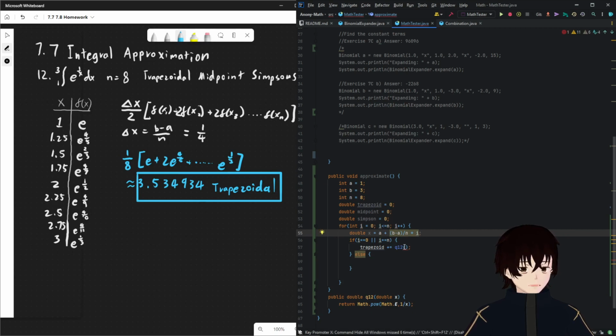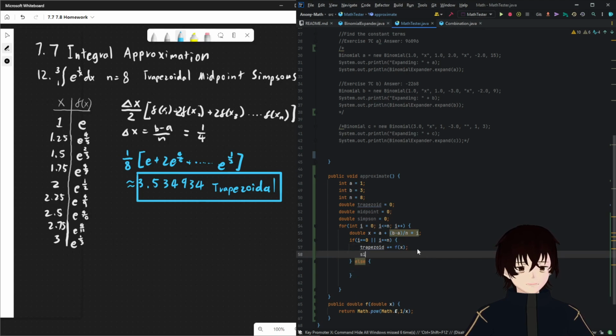Sounds about right. Trapezoid would be 1 times f of x. Or let's call this f. Oh, that looks so clean. Our function f. And if we are doing Simpson, it is going to be the same f of x.